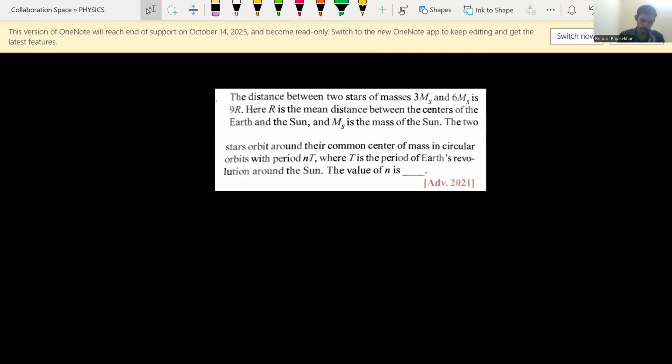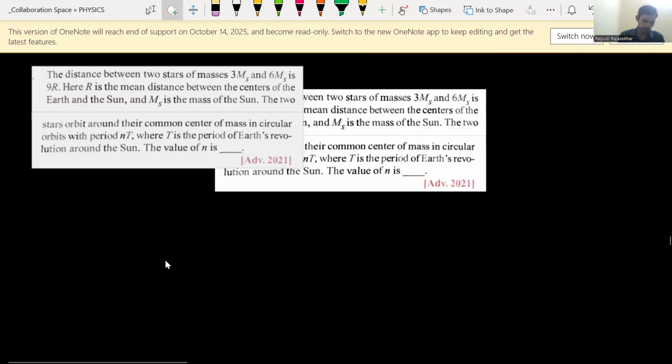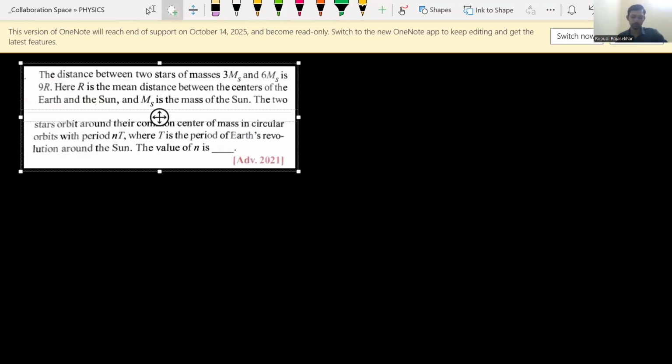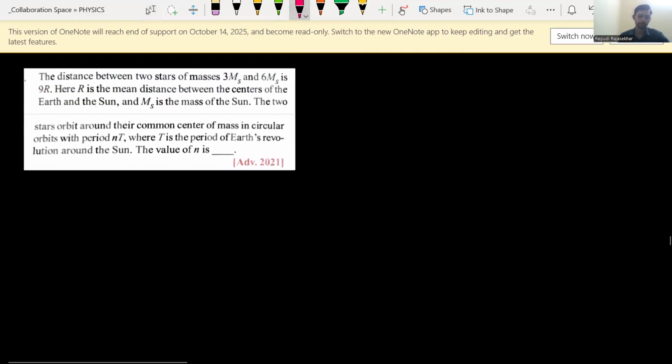Right, this is the question from 2021. See this question here. The distance between two stars of masses 3 Ms and 6 Ms is 9 r.